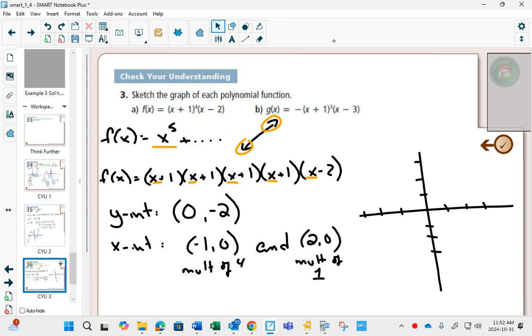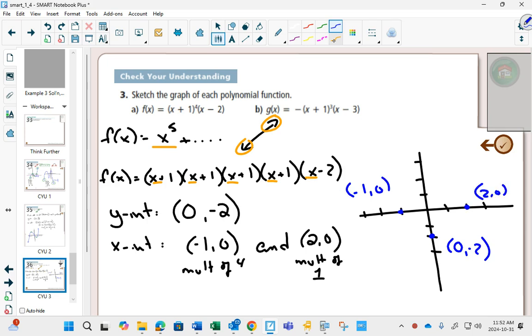On our points, we've got our y-intercept at 0, -2. We've got x-intercept at -1, 0, and another x-intercept at 2, 0.